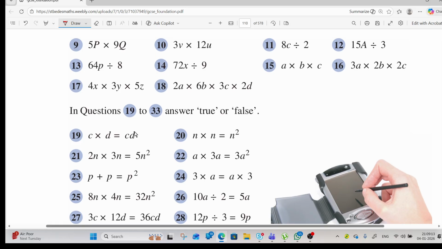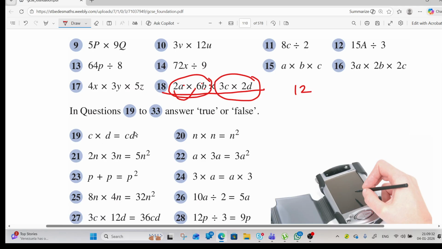So if we have this one, number 18, they all are in multiplication. Let's say I'm multiplying the first two terms first and then the last two. So 2a times 6b. First multiply number with number. 2 times 6 is 12. A times b is just ab. Then in between there is this multiplication sign.